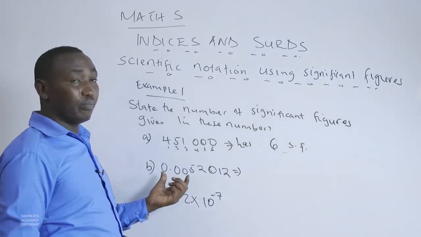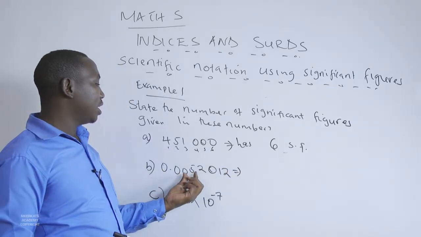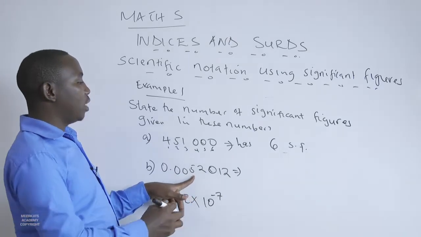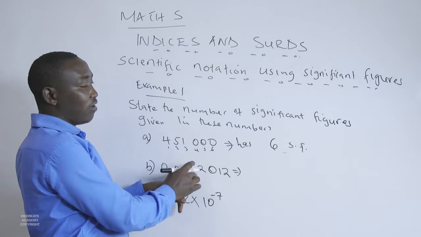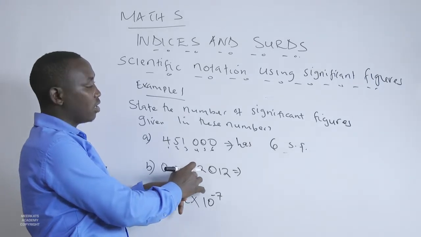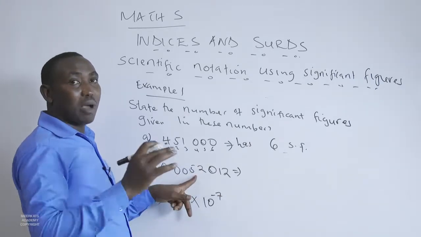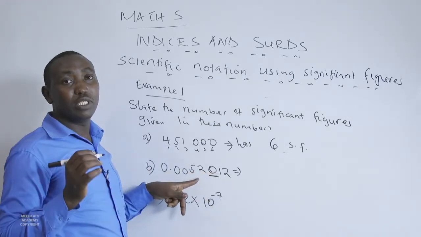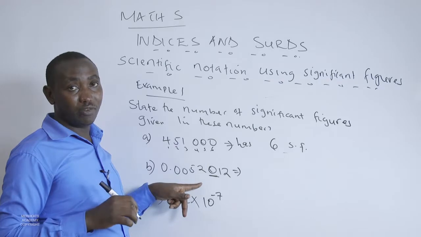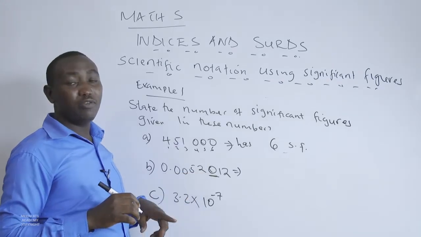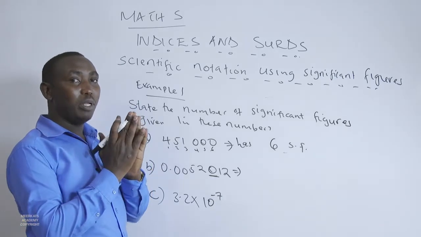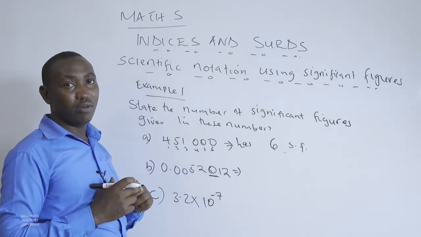Now for the second one, the first non-zero is 5. That means we should now count beginning from 5 going forward. But recall that there are certain conditions for 0 to become a significant figure. It can become a significant figure if its position is in between two non-zero values.